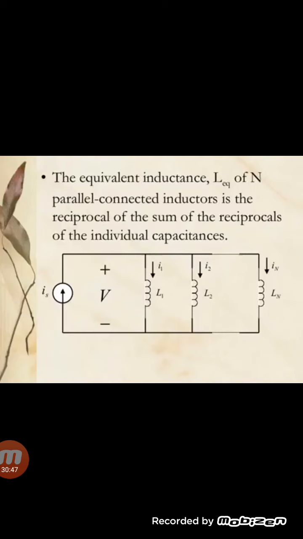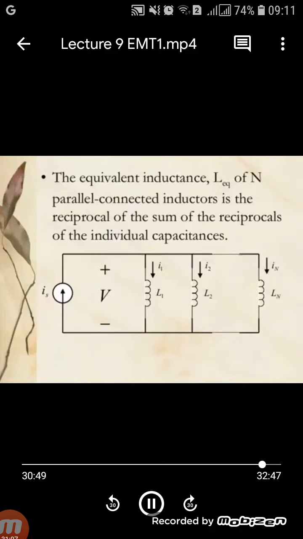Okay, students, one thing that you should note over here is that inductance and capacitance are reciprocals of each other. In parallel combination capacitance has the direct relation, then in parallel combination inductance is not the direct relation, that is the reciprocal.